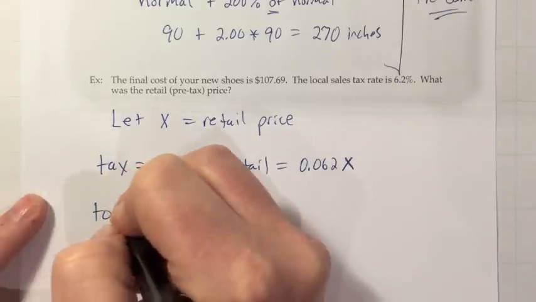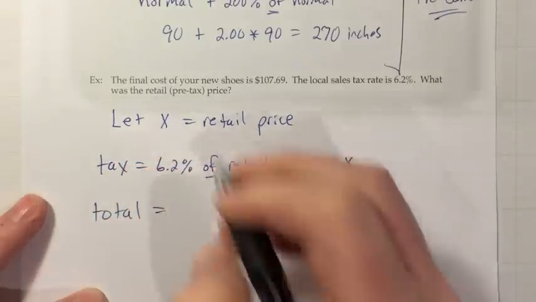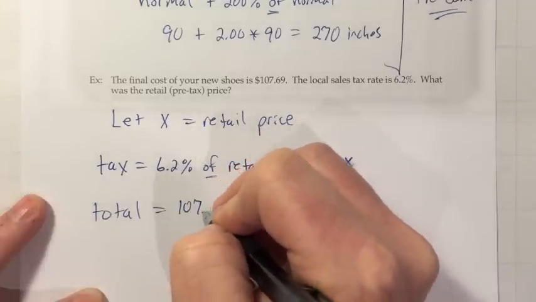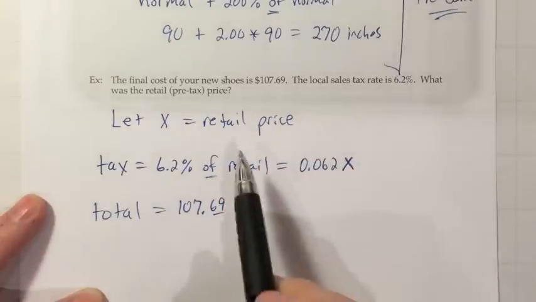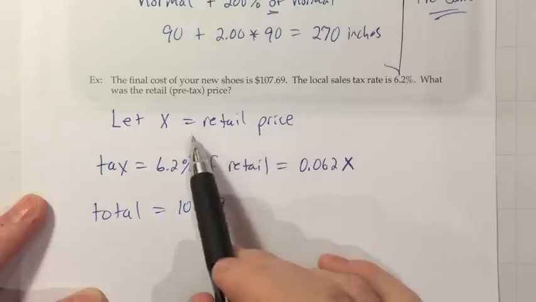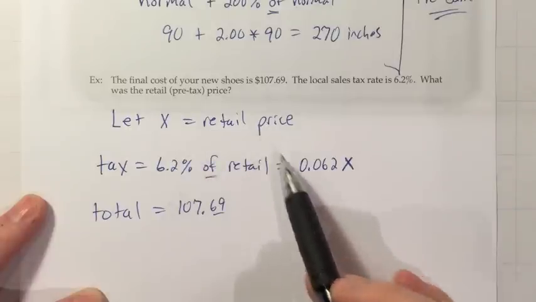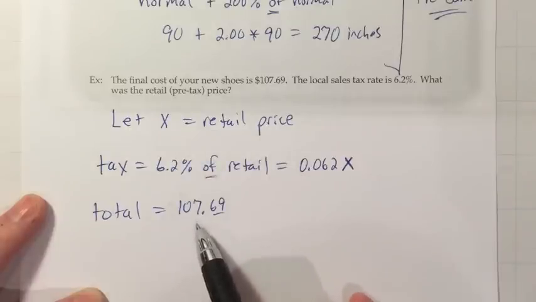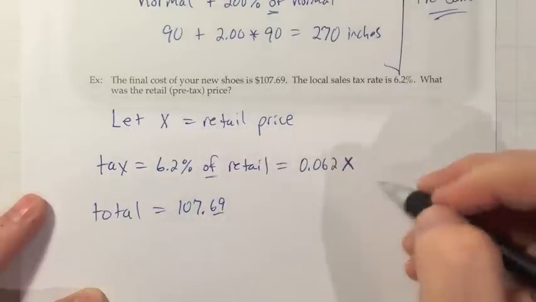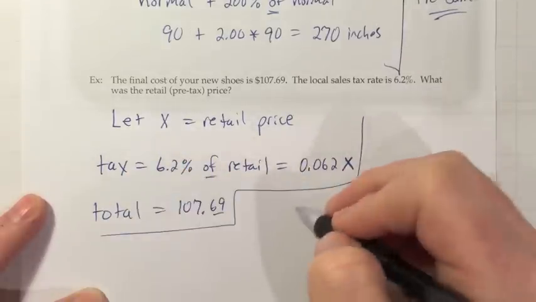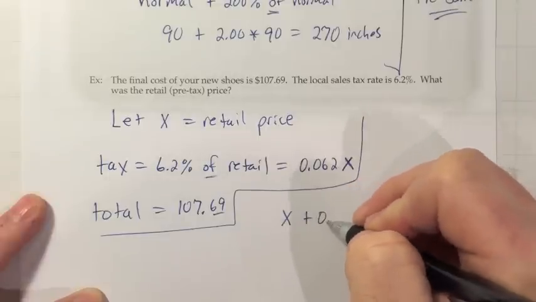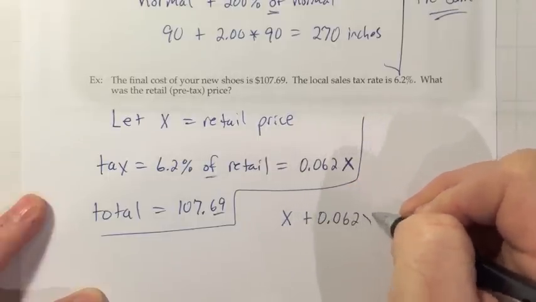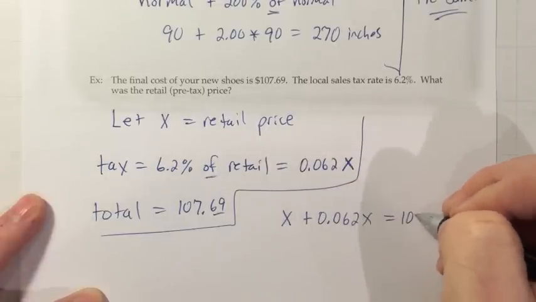And then we have a total, and the total is $107.69. So if you want to make an equation out of this, how do you get to the total? You take what it says on the price tag, you add tax, and that's your total. So my equation would be the original price plus the tax is equal to the total.